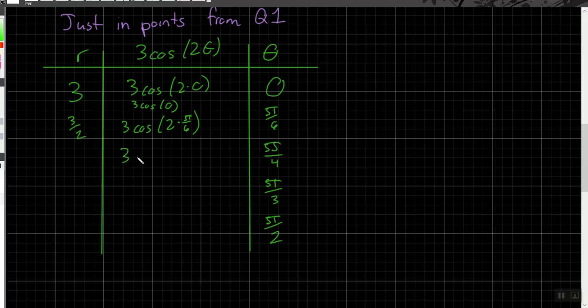Okay, next one. 3 cosine of 2 times pi fourths. My middle simplifies to 3 cosine pi halves. So up top, right at 90 degrees, it's 0. So cosine at pi halves is 0. 0 times 3 is 0. Okay, try the next 2 points on your own.